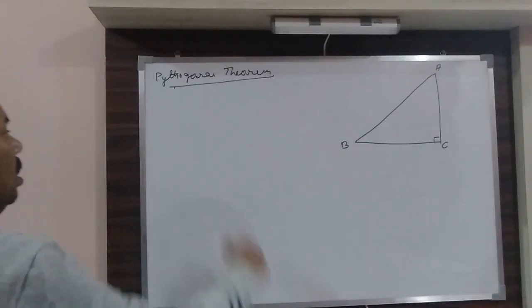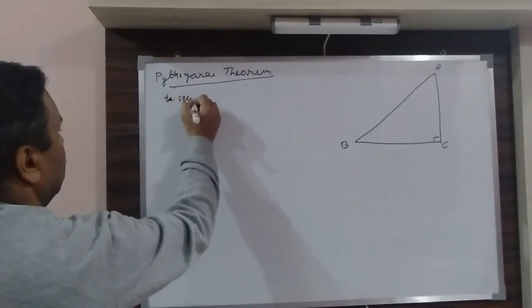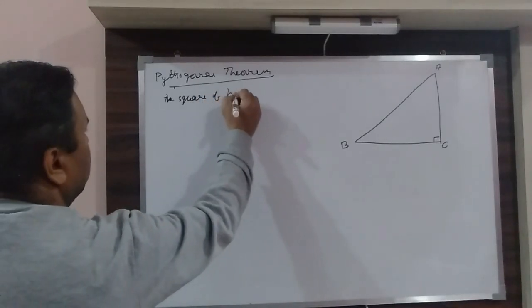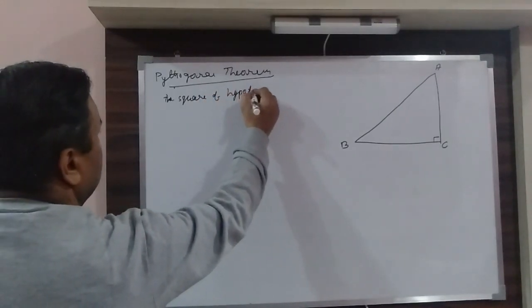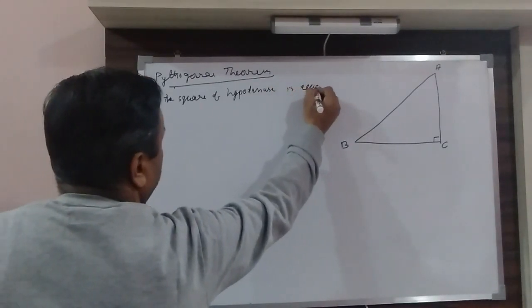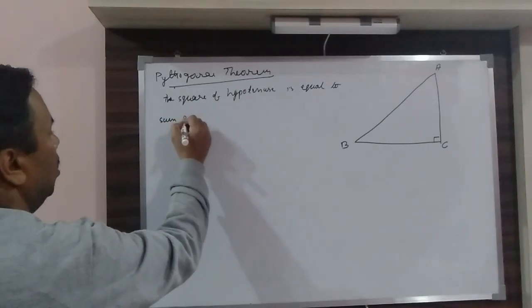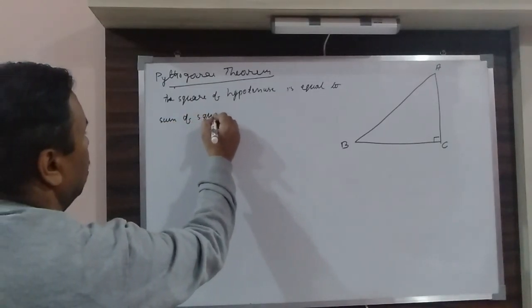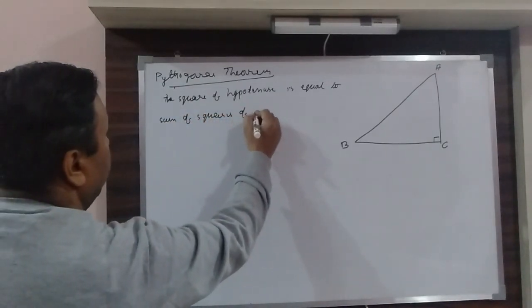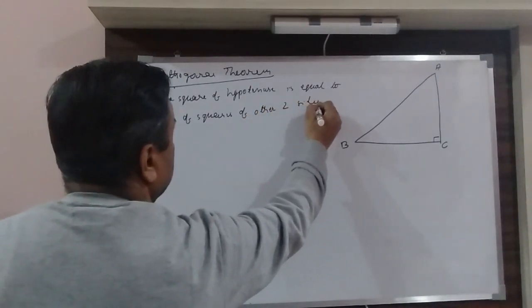It says the square of hypotenuse is equal to sum of squares of other two sides.